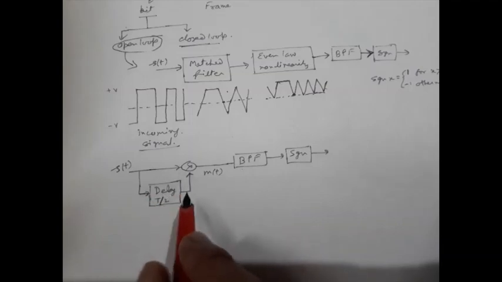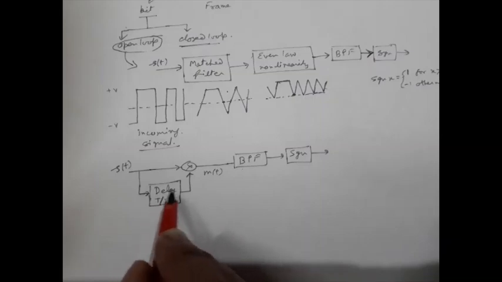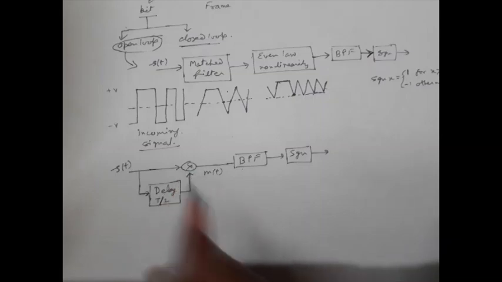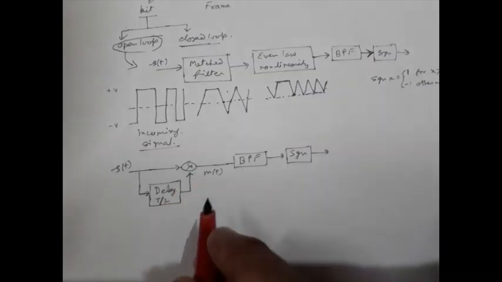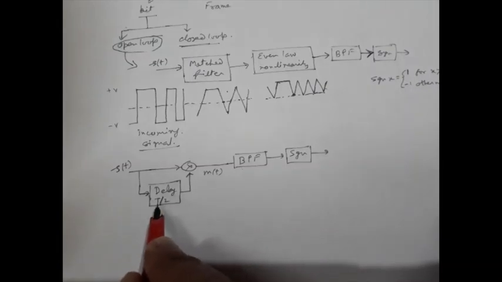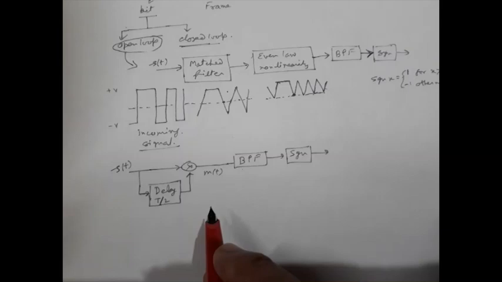Here the circuit will produce a Fourier component at the data clock frequency by means of this delay and using this multiplier. Now the delay, as you can see, is a half bit period, because it is the best value, as it provides the strongest Fourier component.